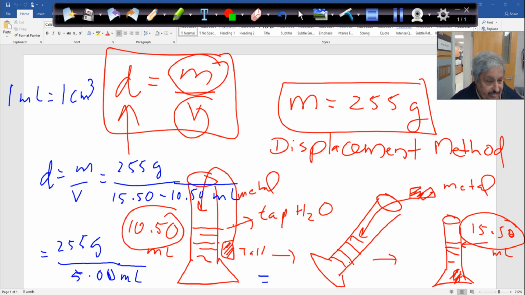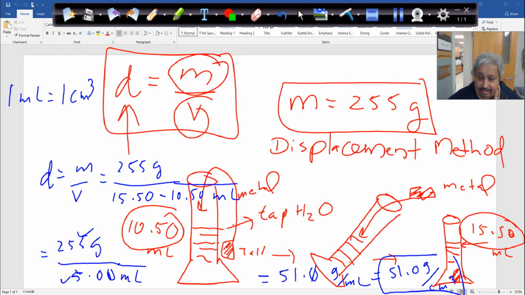The answer is 0.51. That's your answer from the calculator. However, you have 3 sig figs, so you have to add a 0 here: 0.510 gram per milliliter, or 0.510 gram per centimeter cube, because ml and centimeter cube are identical. So you have 3 sig figs here.